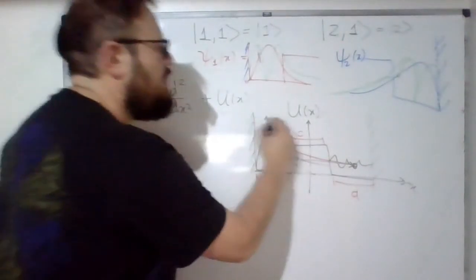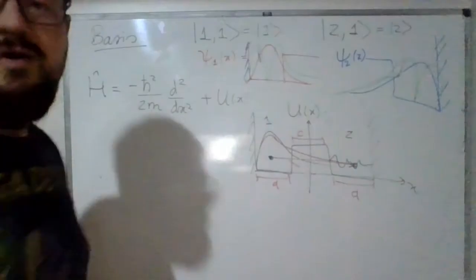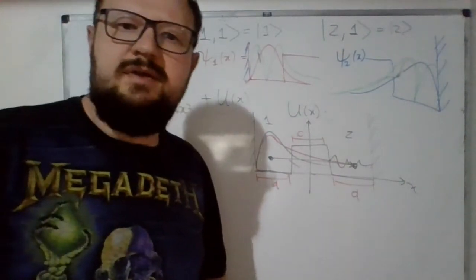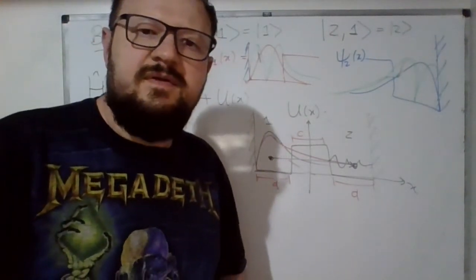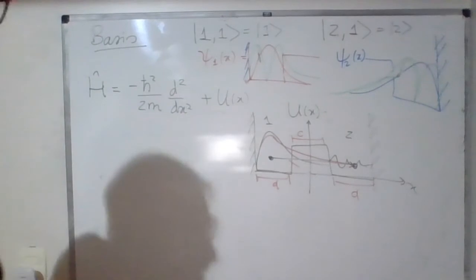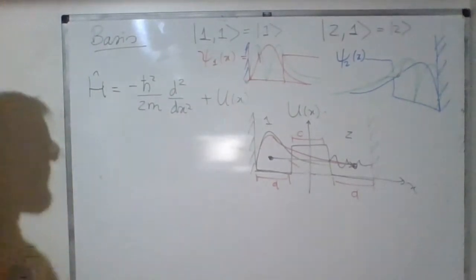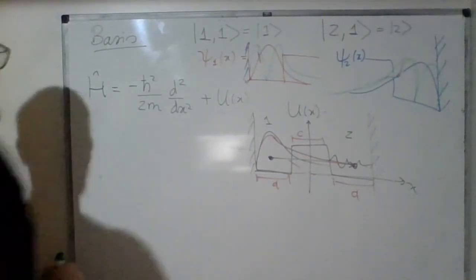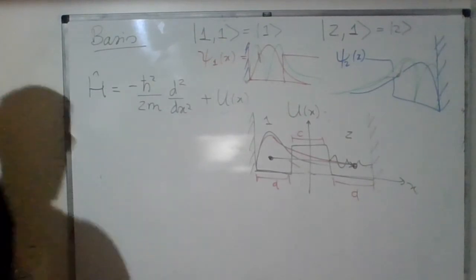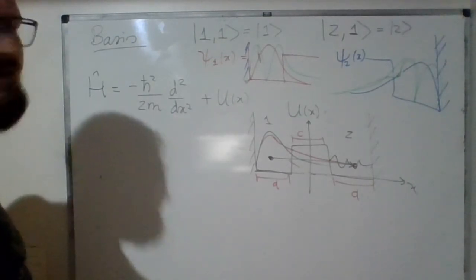So this is box 1, this is box 2. So how can we calculate the eigenvalues, the eigenvectors, and all that of this problem? All right?